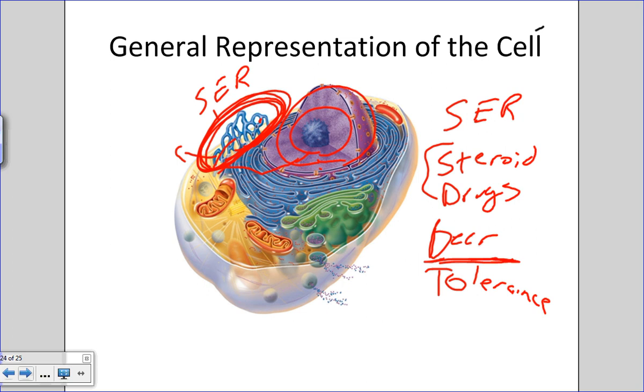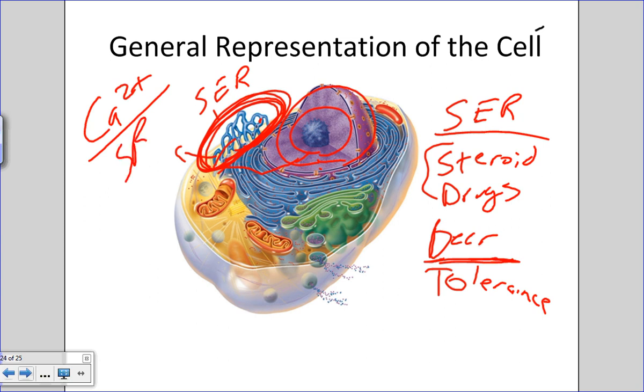So that's what the smooth endoplasmic reticulum does in the liver. In muscle, I'll use skeletal muscle as an example, the smooth endoplasmic reticulum is an area for calcium storage, and it's called the SR, the sarcoplasmic reticulum.